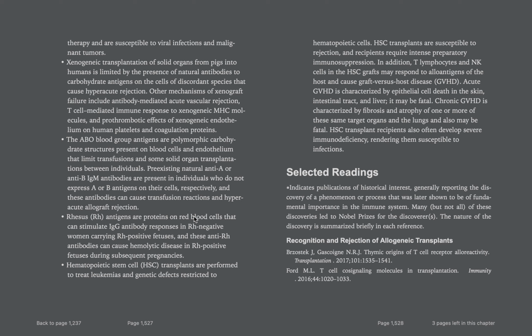The ABO blood group antigens are polymorphic carbohydrate structures present on blood cells and endothelium that limit transfusion and some solid organ transplantation between individuals.